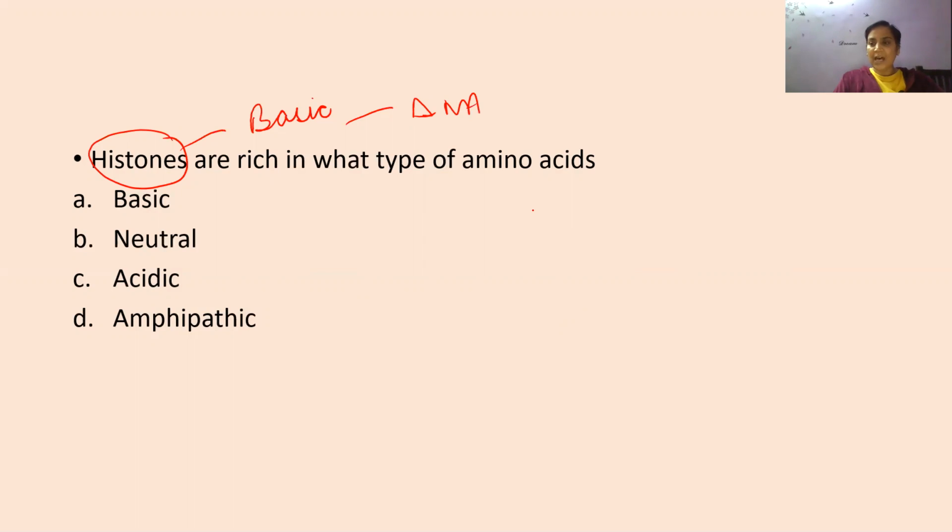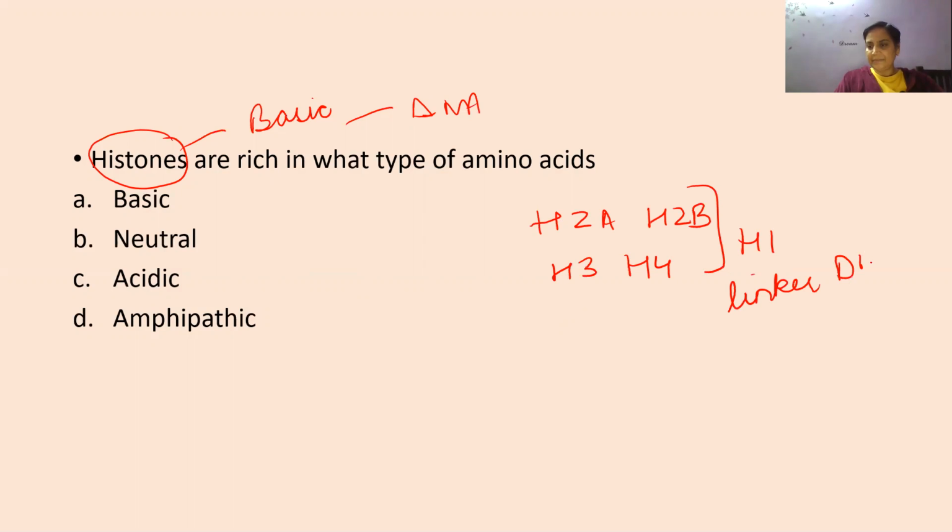And these histones are of four main types: H2A, H2B, H3, H4. H1 acts as a linker DNA, right? And these histones are rich in basic amino acids like lysine and arginine.